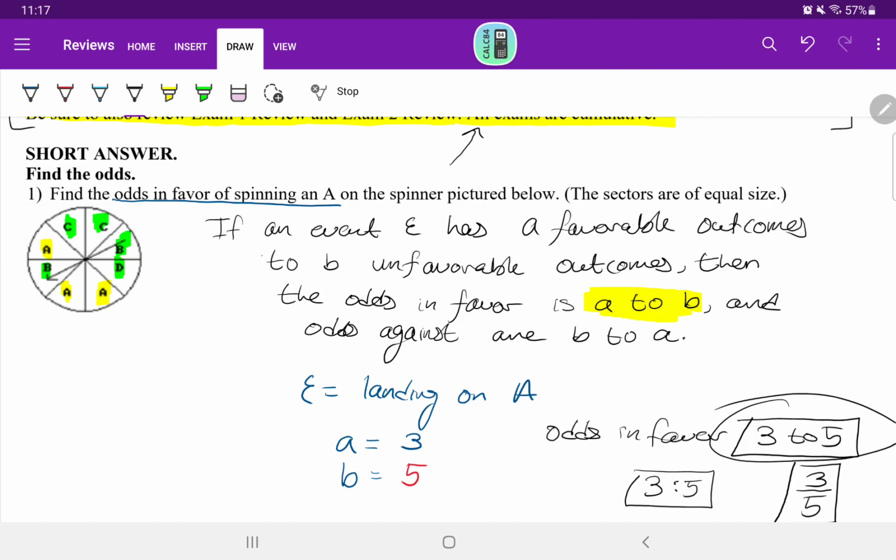Now, if it said find the odds against landing on the letter A, your A and B will remain the same because A is always in favor of the event and B is always against the event. However, the ratio would have been 5 to 3 because that is odds against. Also, to find the odds against, that is just the reciprocal of the ratio if you have the odds in favor.